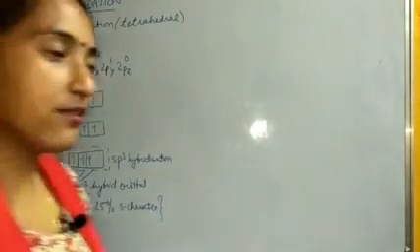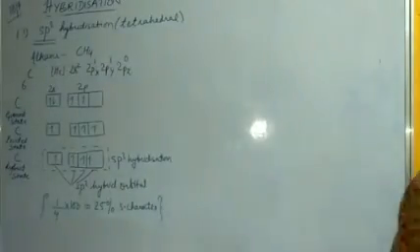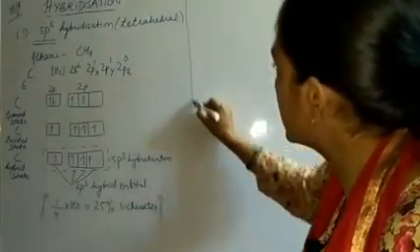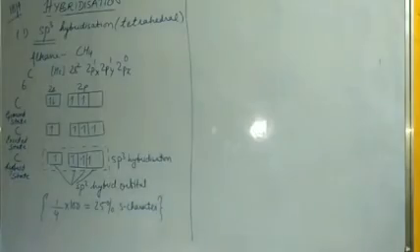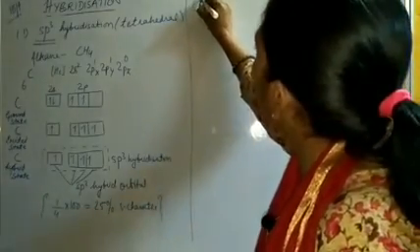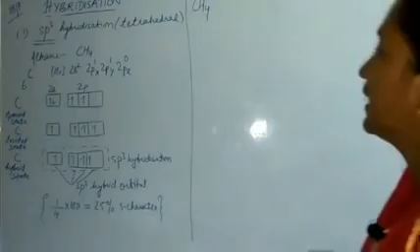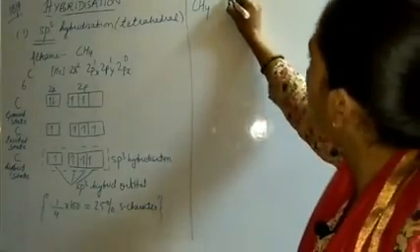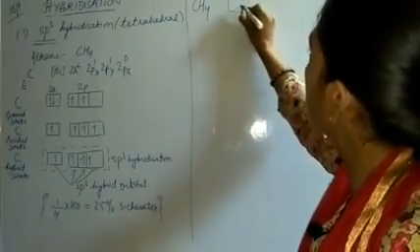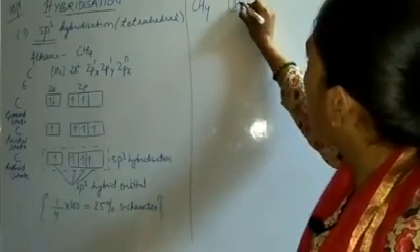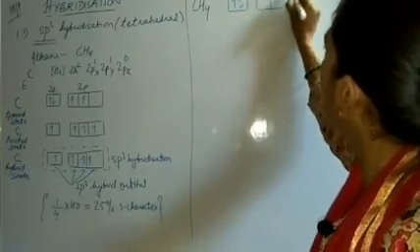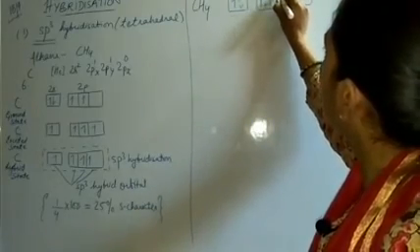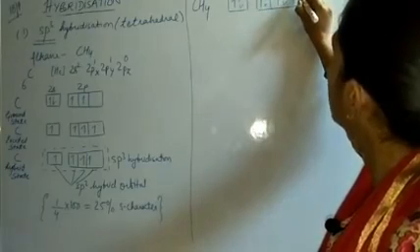Right, students? Once the sp3 hybrid orbitals are formed, the next step is the formation of the methane molecule. This sp3 hybrid orbital will overlap with the four hydrogen atoms.